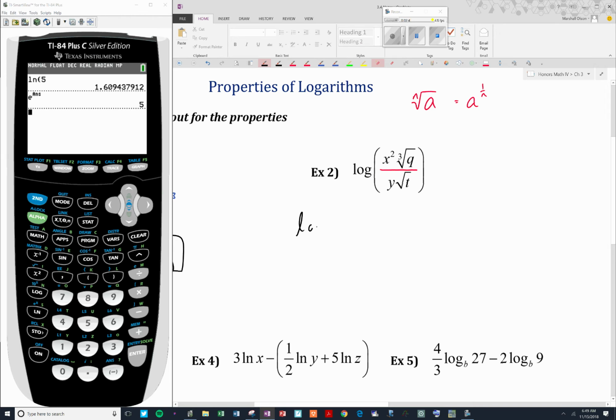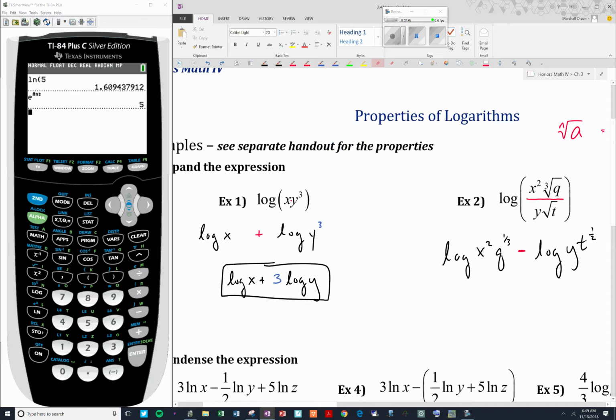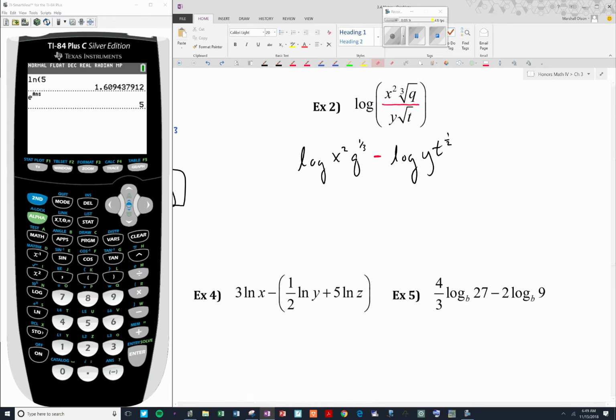So we're going to have log of x squared q to the 1/3 minus log of y t to the 1/2. Make sure you don't just subtract between that stuff like this. You need to make it become the difference between two logarithms. So we need a log here and a log there.